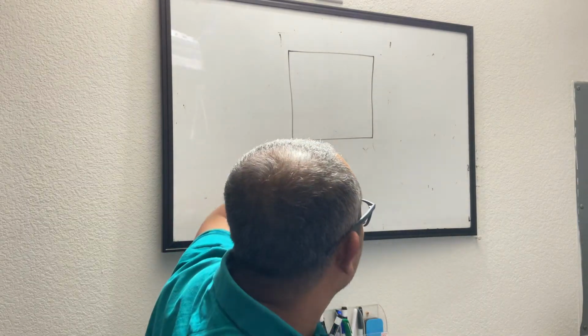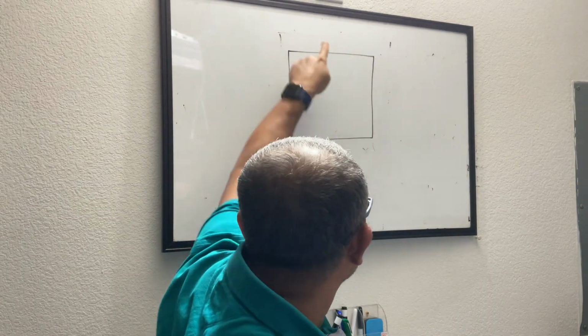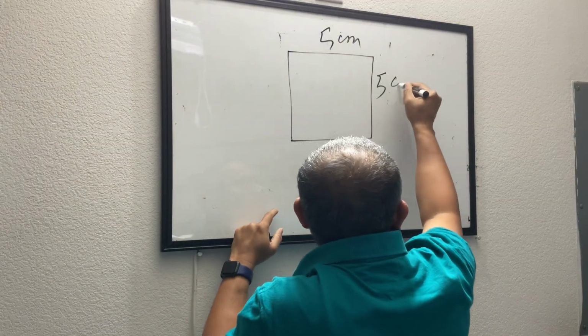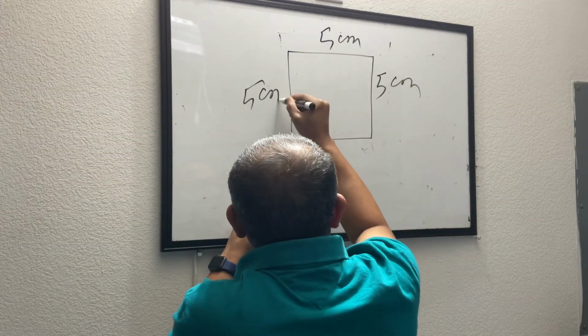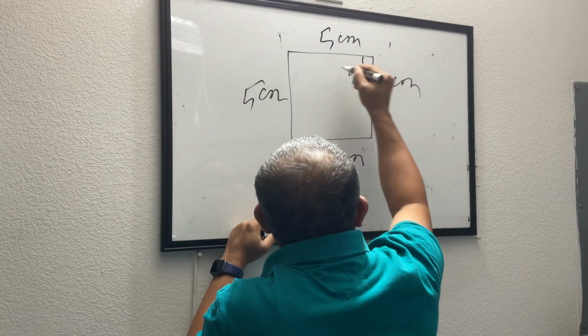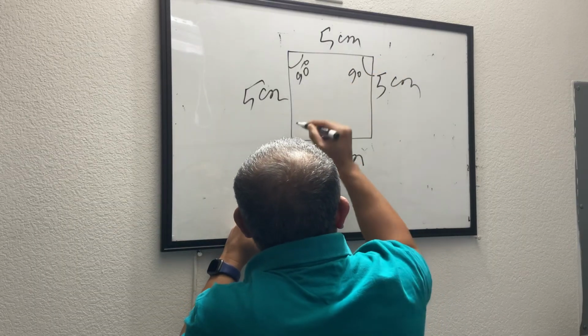Since a parallelogram is anything whose opposite sides are parallel and equal, here if this is 5 centimeter, this will be 5 centimeter, this will be 5 centimeter, this will be 5 centimeter, and every angle is 90 degree. And you have to know the perimeter.